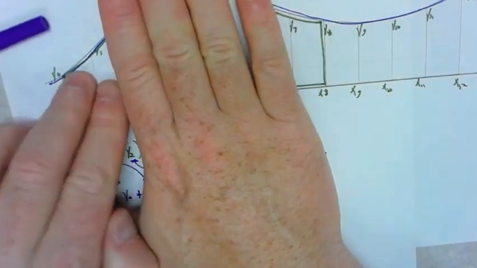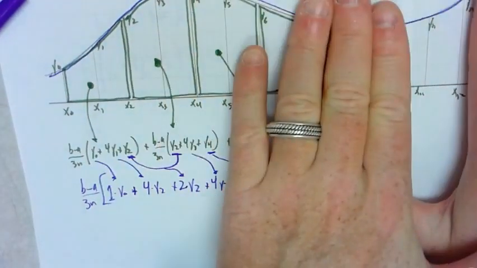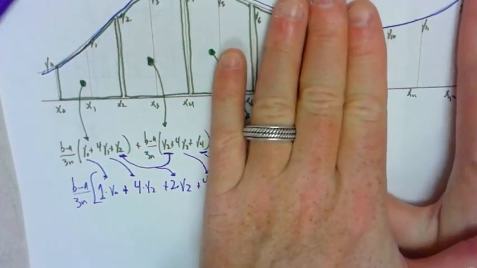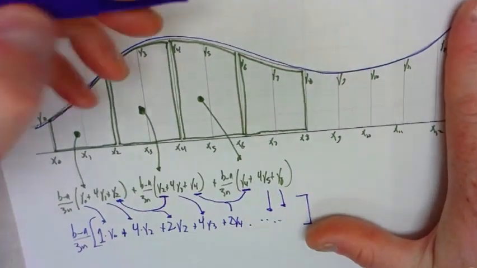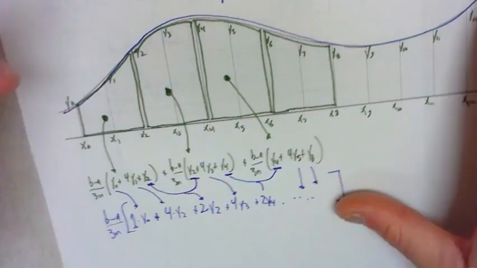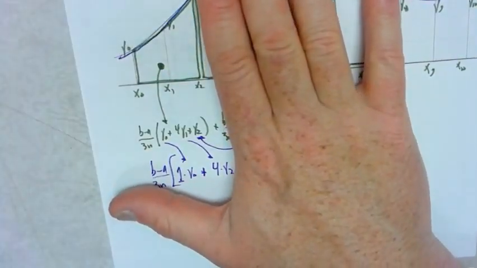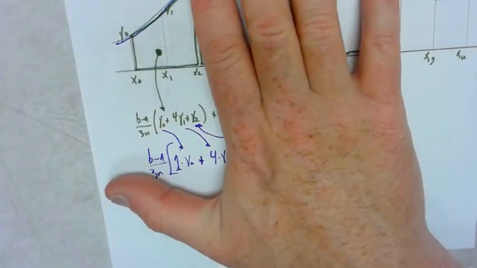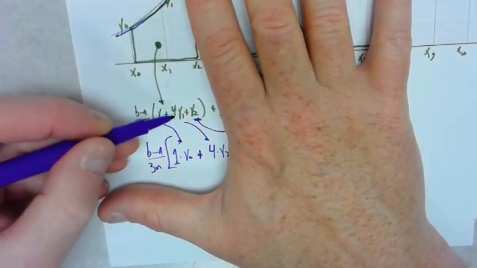And so let's take this region, etc. Which, by the way, is why we have to have an even number for n. But now look right here. Well, we just did this. That's this whole thing. And this here, this is the h over 3.